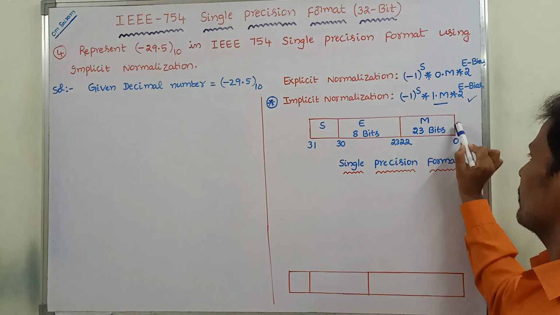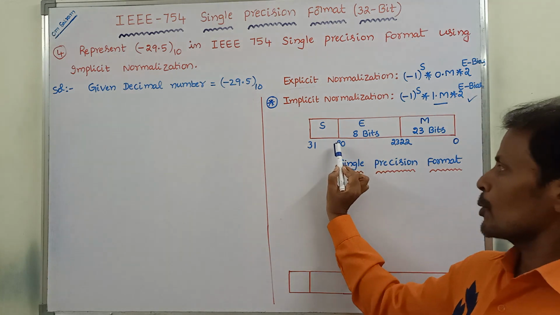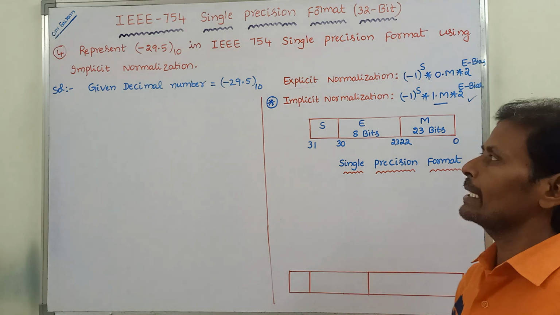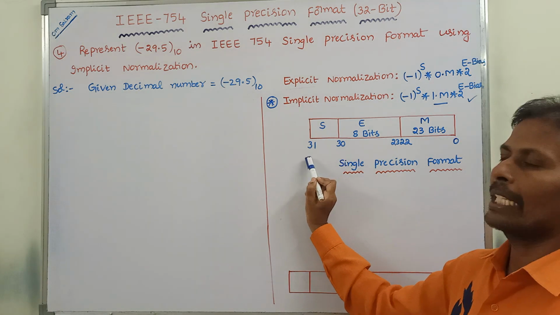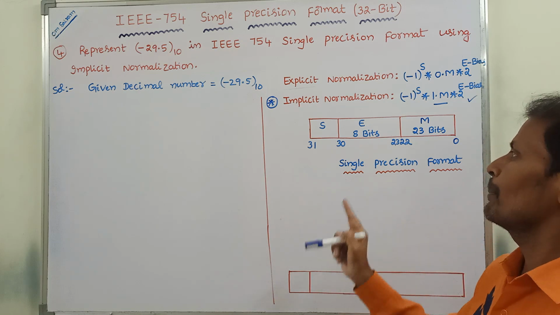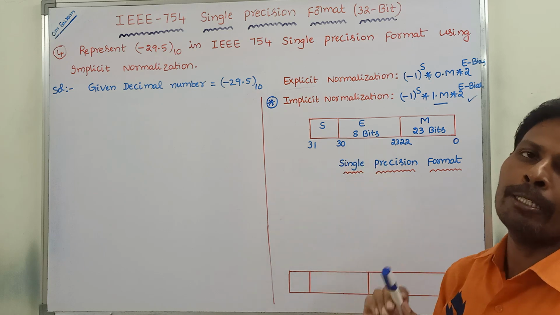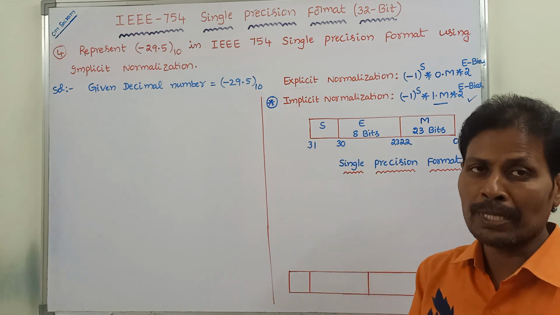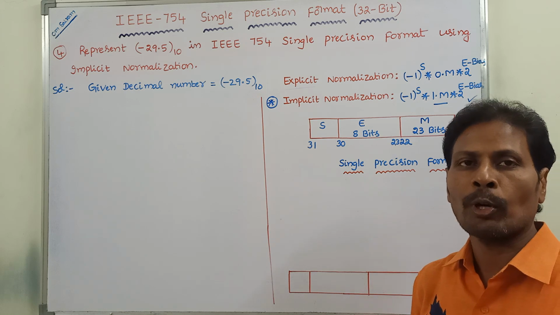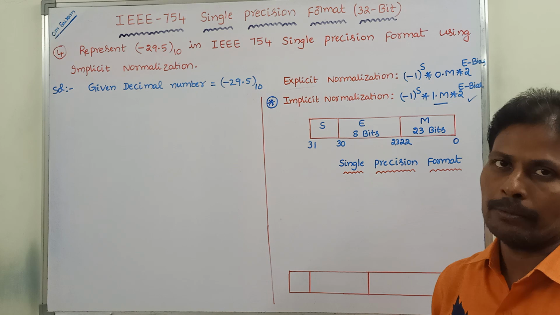Here the mantissa is denoted by capital M. Next, the last one bit is allocated for the sign bit, that is bit 31. Only one bit is allocated for the sign bit. By using that sign bit, we know whether we have to represent a positive floating point number or a negative floating point number.